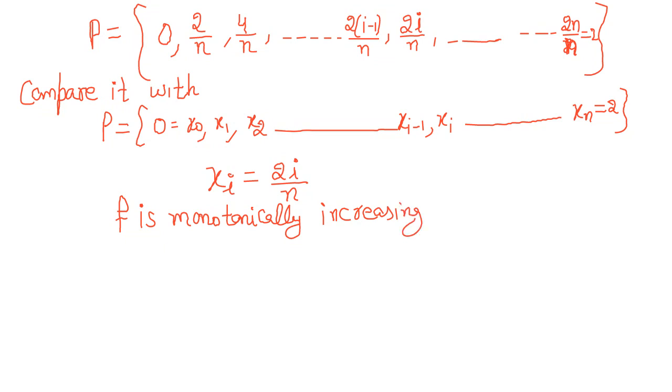Okay. Now see, what is mi? Mi is your GLB, greatest lower bound, for the function f of x where x belongs to [x(i minus 1), xi].